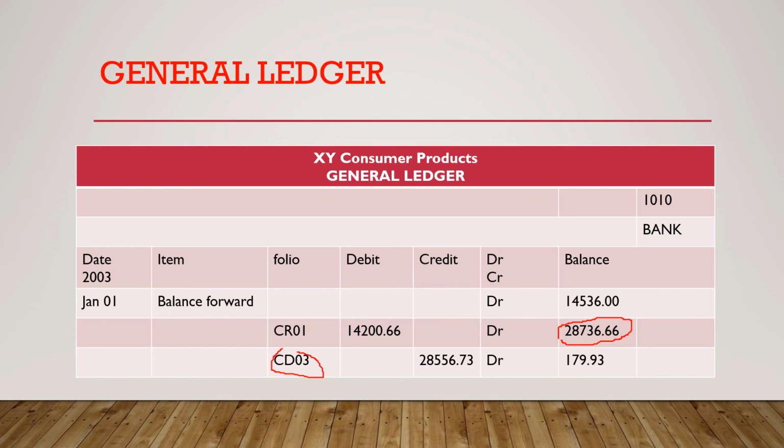If you find the difference between the cash that you already added to the balance forward and the cash that is going out, which was CD, cash disbursement, which is 28,556.73. So this is the cash that is leaving your company, the one used for paying bills, the one used for paying creditors.